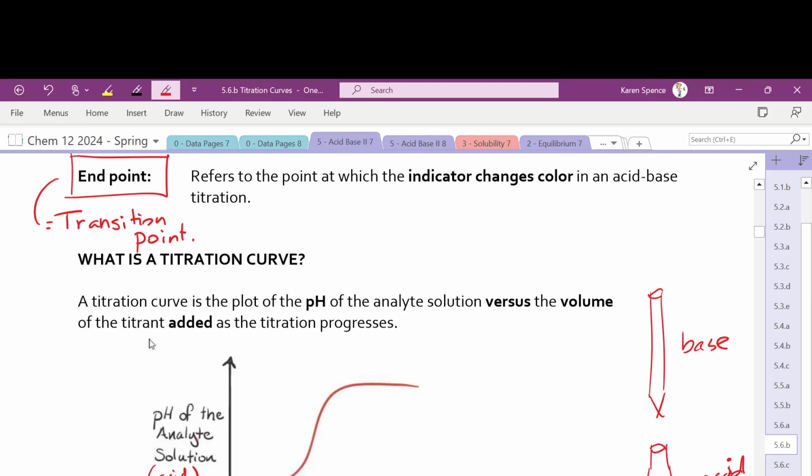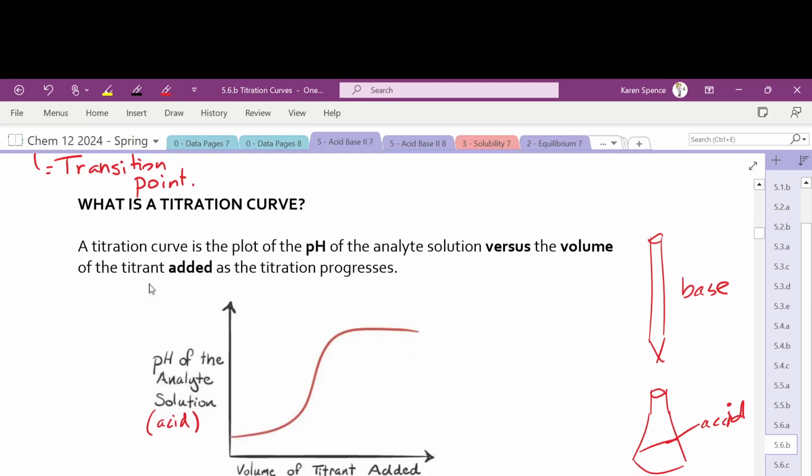So this is the pH of the analyte solution, which is the acid, and this is the volume of the titrant, the NaOH added. And you'll notice, what kind of shape is that? What does it look like? The letter S. An S-shaped curve is sigmoidal.